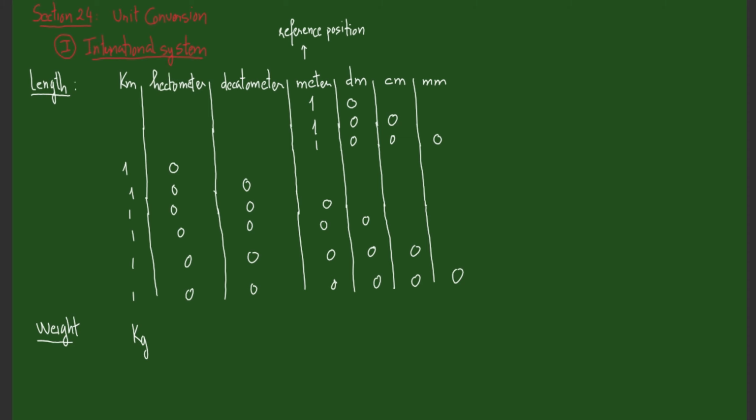So kilogram, then we have hectogram, then decagram, then gram, then decigram, centigram, and milligram. And you treat it the same way as you do for length. So this is the weight.